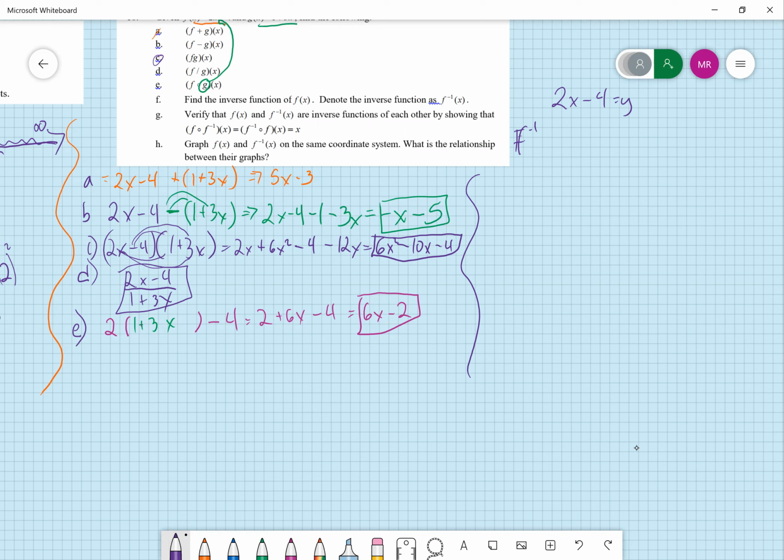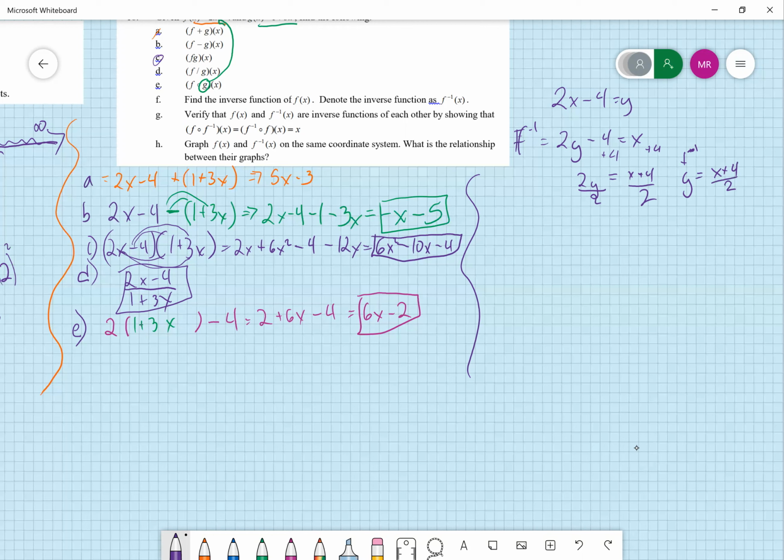So we get 2y minus 4 equals x. We solve for y, so we're going to add 4 to each side. We get 2y equals x plus 4, and then we divide everything by 2, and we get that y, or our f inverse, is equal to x plus 4 over 2.